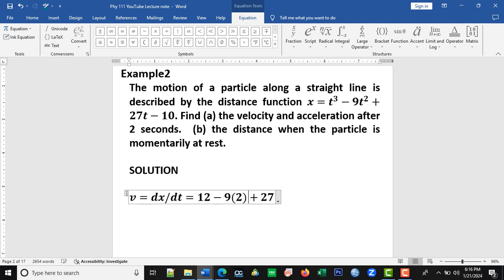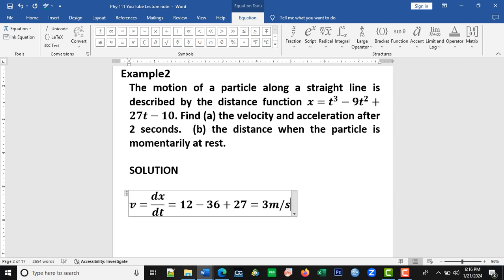Anyhow, you multiply all of them, you get 36. And here we have plus 27. When you simplify this, it gives you 3 meters per second. So we've been able to solve for the velocity.